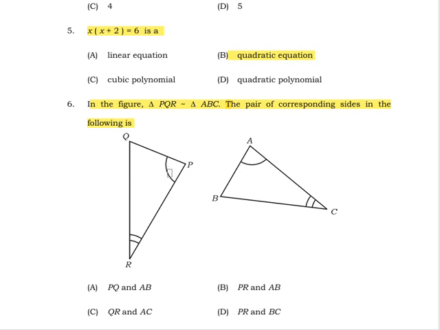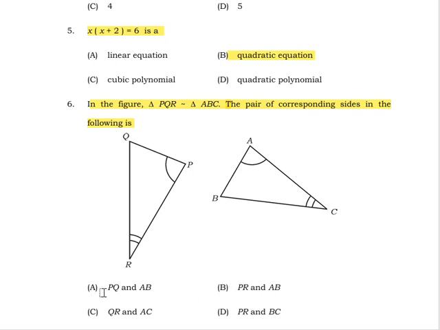So you observe, for this angle P, PQ is the side. For this angle A, AB is the side. PQ and AB are corresponding sides. Those two are equal. And also, the side QR corresponds to the side BC, and side PR is equals to the side AC.